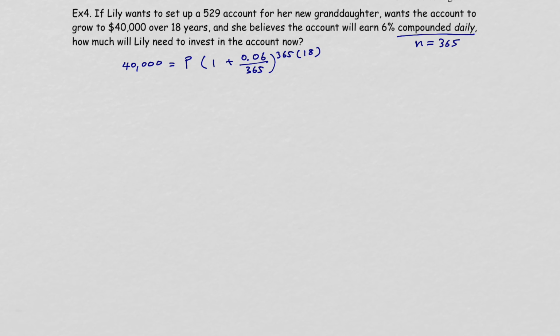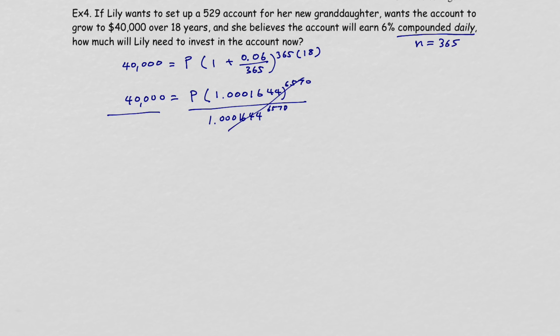And when you simplify this, you end up getting 1.0001644 to the 6,570 exponents. So you're going to divide both sides by the same thing, so that this will make it 1.